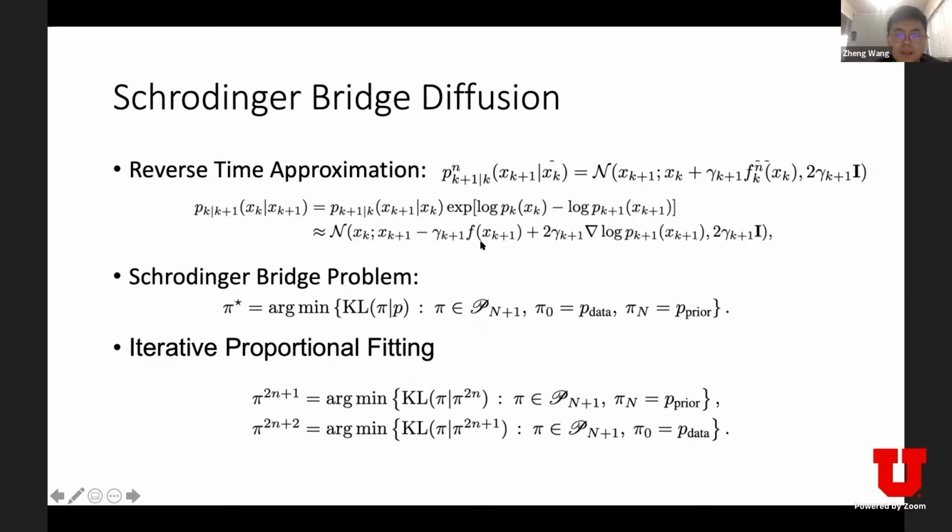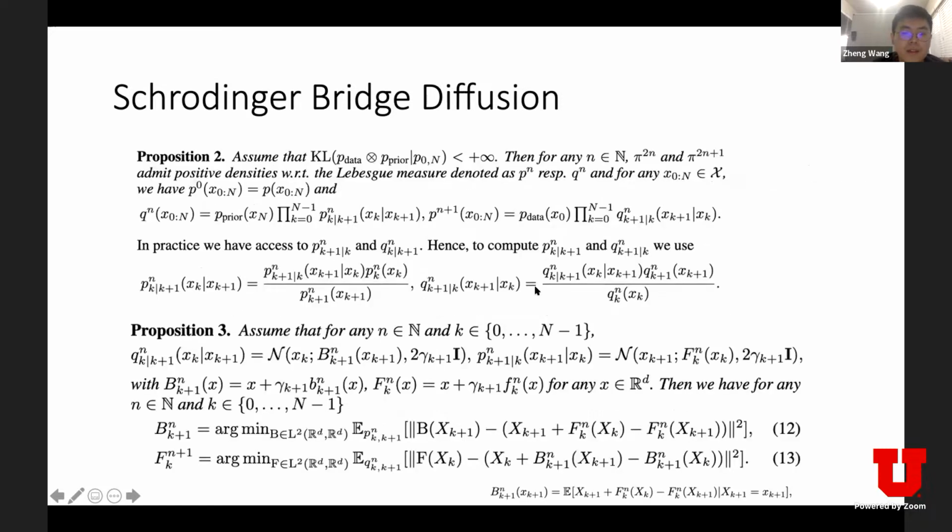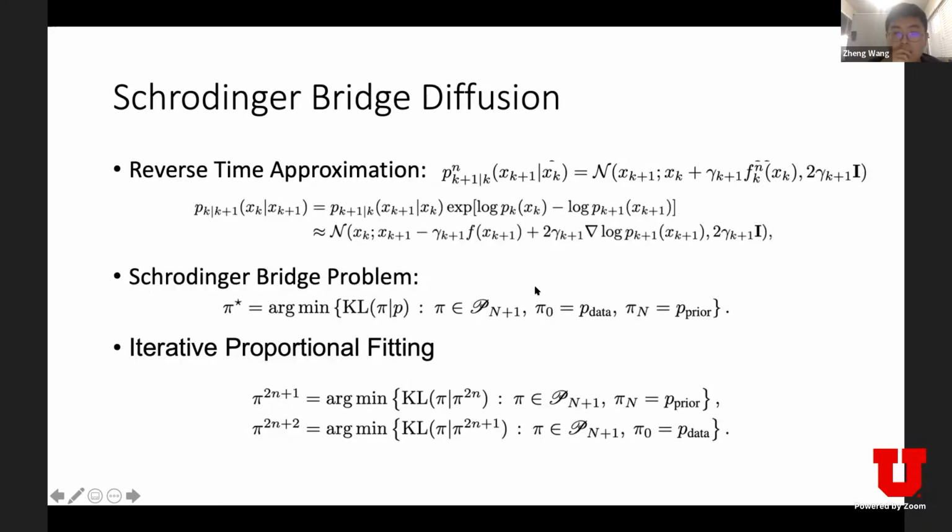Here they just apply a Taylor approximation and let f(x_k+1) equal f(x_k), so they can get some kind of formulation in this way. Using this, you can derive that form.